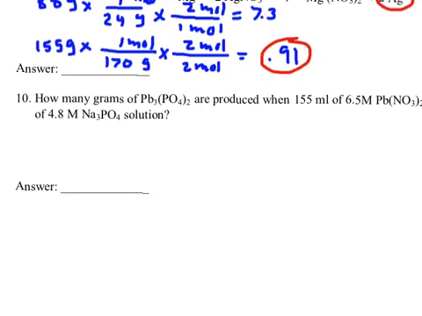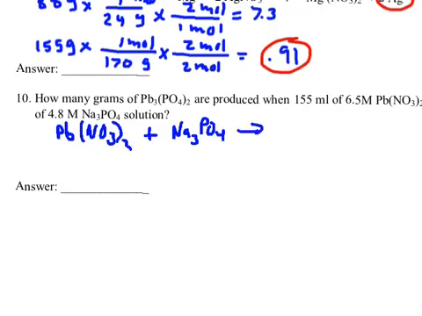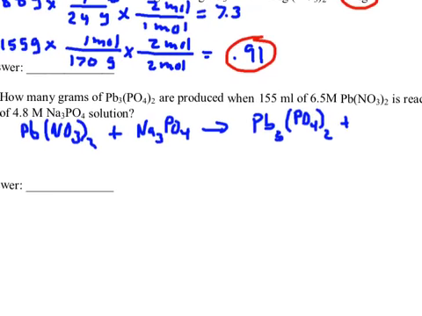We've got Pb(NO3)2 plus Na3PO4, which is going to react to form Pb3(PO4)2, plus, what do we got here?